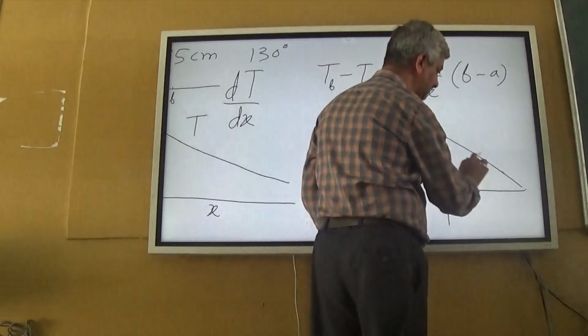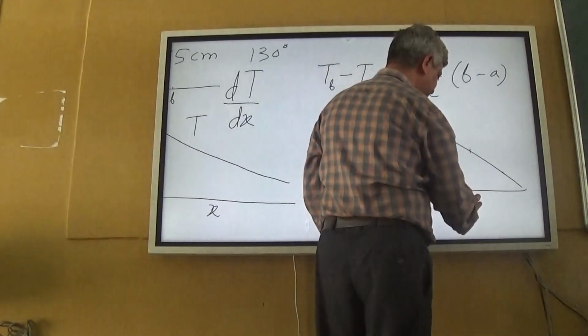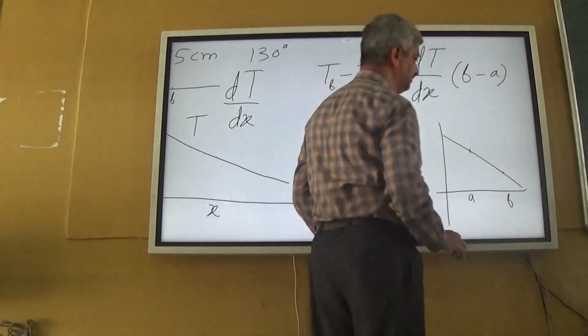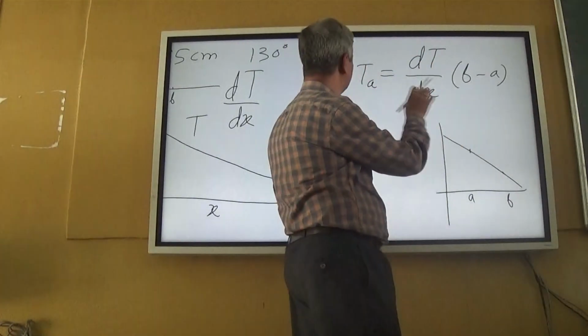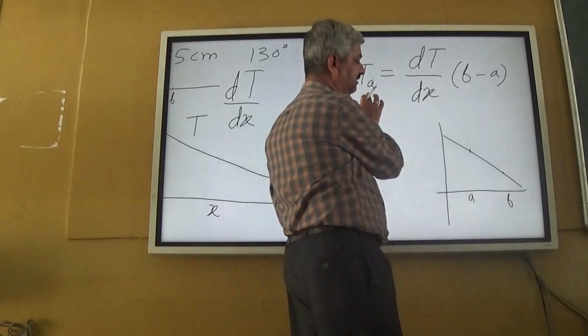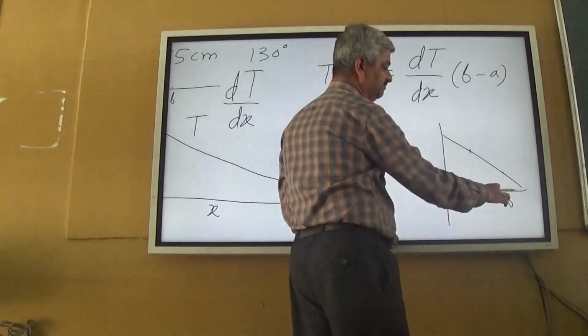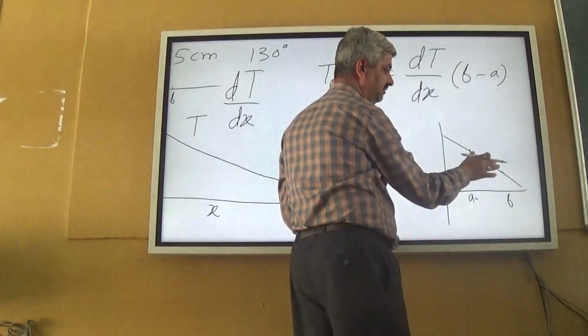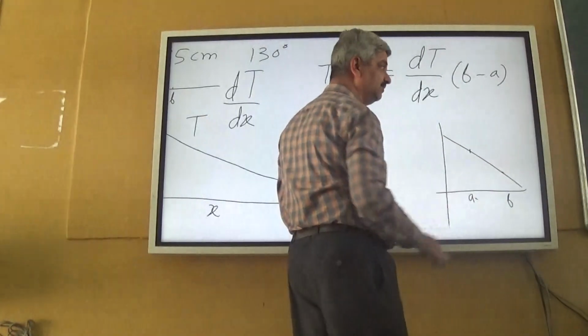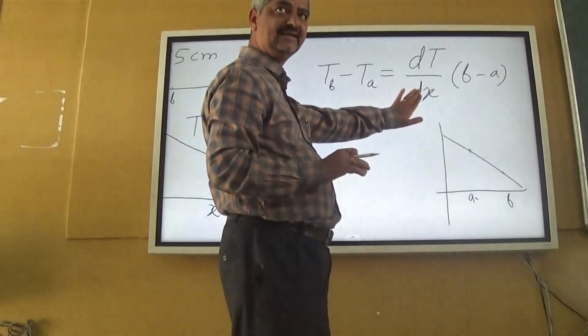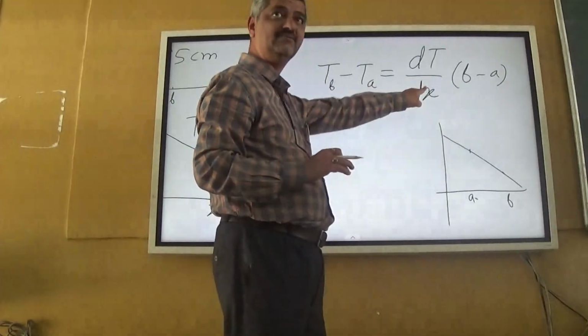If it was like this, with A and B, the gradient is negative here. So TB minus TA is equal to B minus A into this slope. TB will be less than TA because this slope is negative.